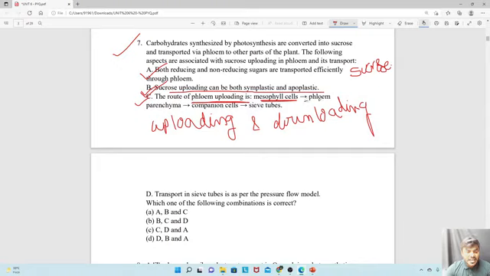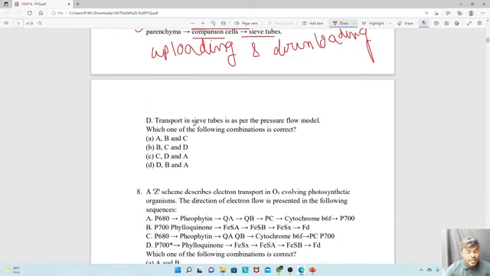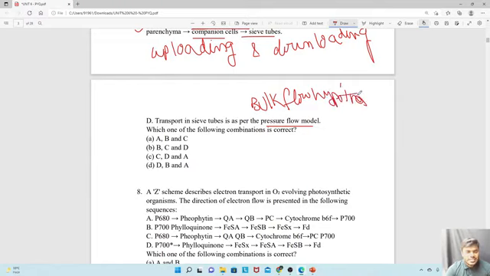From the mesophyll cell, parenchyma, companion cell, finally sieve tube element. So statement C is right. Option D, transport in sieve tubes as per the pressure flow model, we already discussed. We can also call it the bulk flow hypothesis or Munch hypothesis. So obviously option D is also right. Hence B, C, D is right.